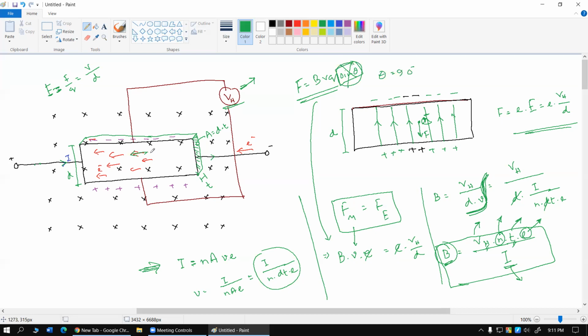And also I am making sure, sorry, that was current, and this is force, that the alignment of this metal piece is also perfectly vertical with respect to the magnetic field lines, so that I can use the A equals d into t expression properly.